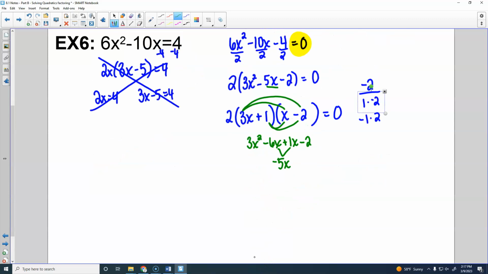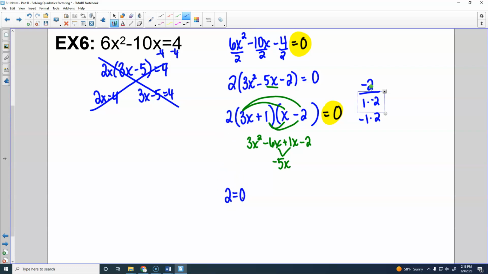We're good on factoring. All right, now we are going to use the zero product property, which is the magic that says that 0 times anything equals 0. That means if any of this equals 0, then the whole thing is going to equal 0. So we do have this 2 out front. We could set 2 equal to 0, but does that do anything?